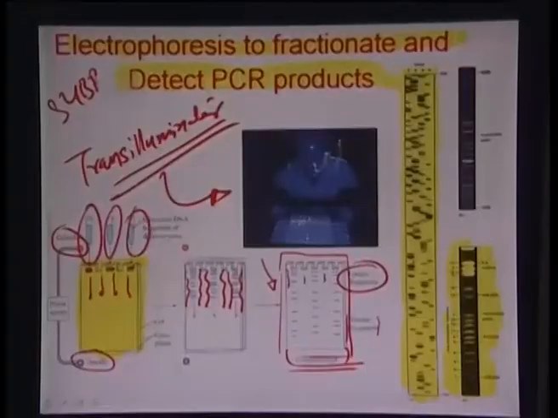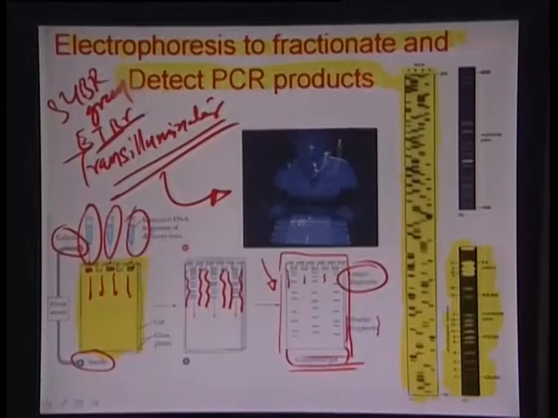Two most commonly used dyes are SYBR Green and ethidium bromide, EtBr. EtBr has an emission in the range of about 620 nanometers plus or minus 10 nanometers, and essentially this appears pink in color.